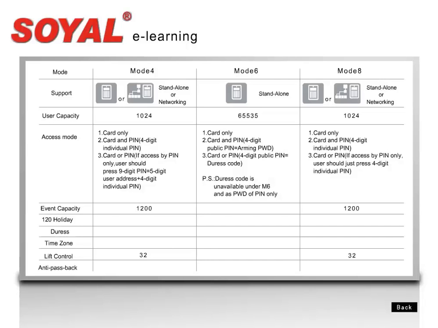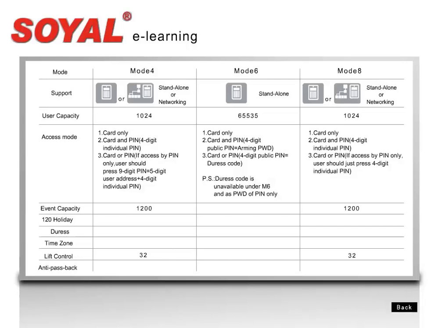The front 5 digits are the user address, and the last 4 digits are the individual pin. When the controller is under M8 mode, and the access mode is card and pin, or card or pin, the pin of both access types would only need 4 digits.